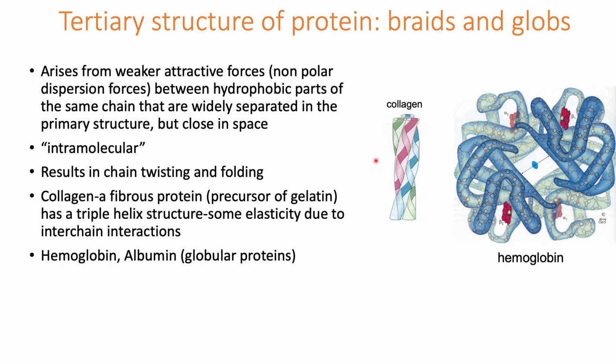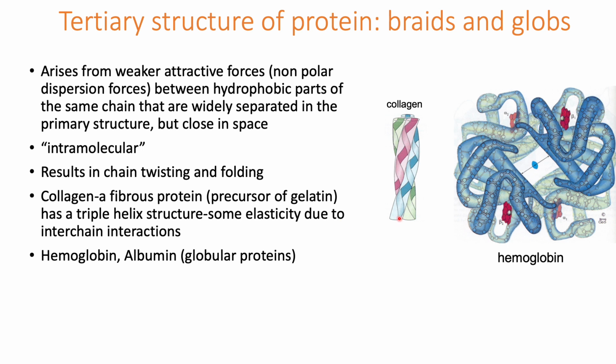There are two major tertiary structures: fibrous, like braids, and globular, like globulins. For example, collagen is a fibrous protein and it's a precursor of gelatin. It has a triple helix structure and it has some elasticity because of the interchain interactions. Collagen is made of 3 peptide chains, and there are bonds between these 3 peptide chains, and that contributes to the elasticity.